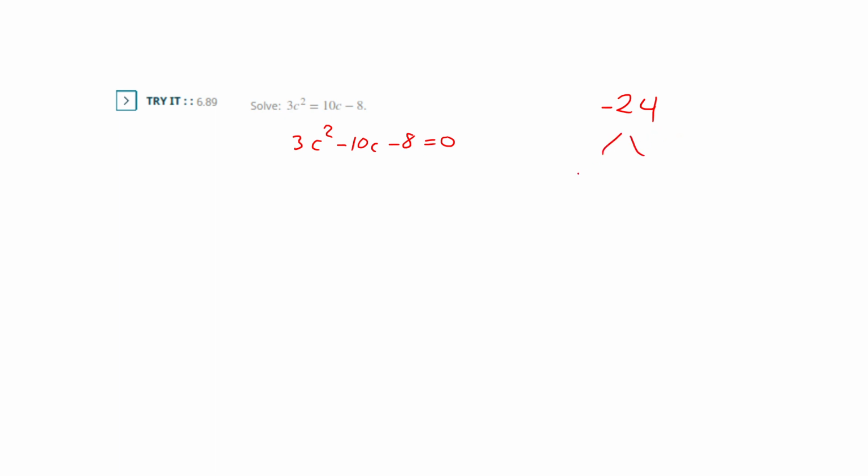So I need two numbers. No, that's not it. Yeah, I got tricked because there were multiple combinations. It's going to be -12 and 2. If you don't remember how to do this, go back to the old videos.